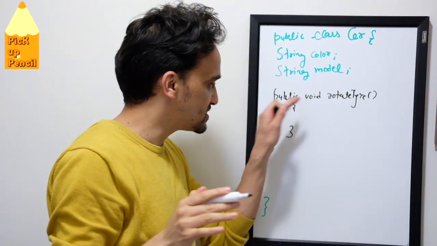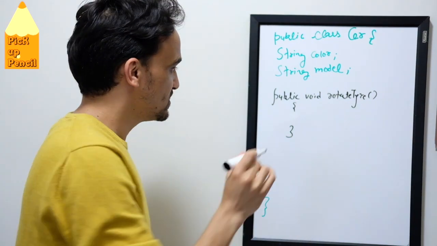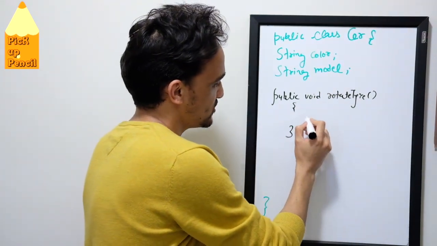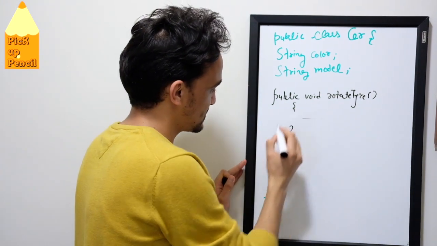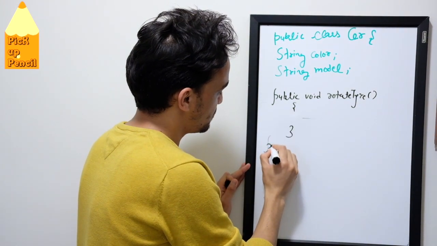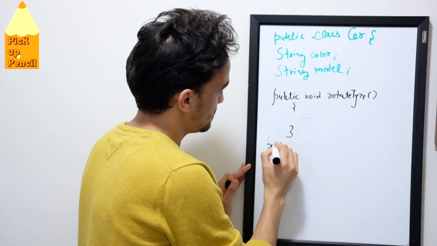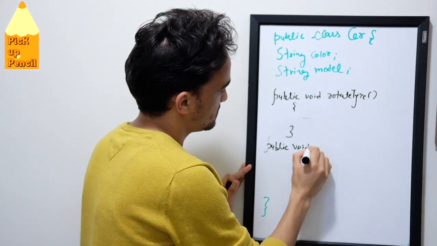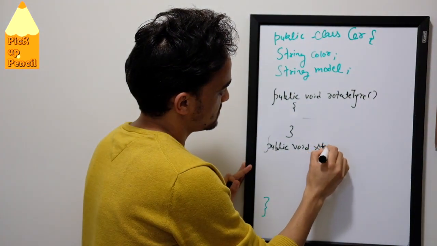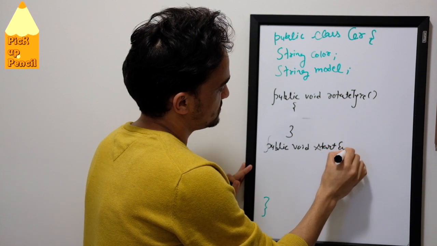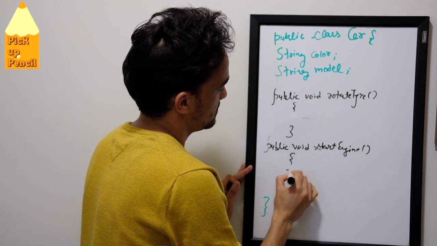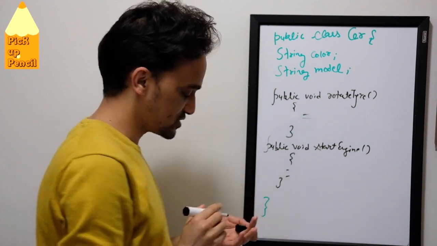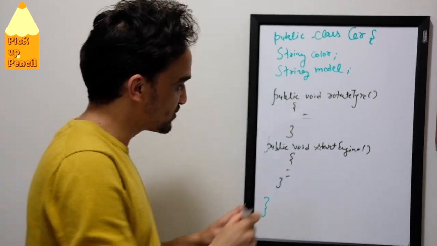Void means this method is not going to return anything, and rotateTire is the name, and you write your logic here. The second can be public void startEngine, and then some logic goes here.